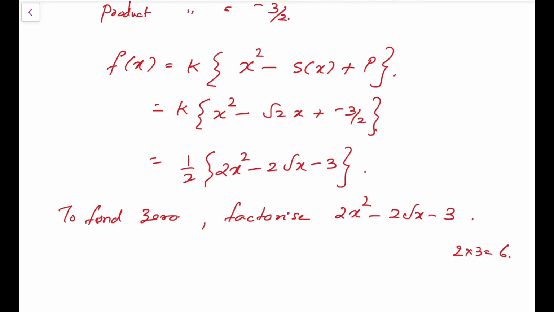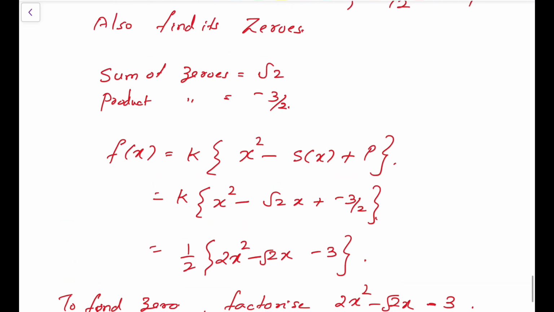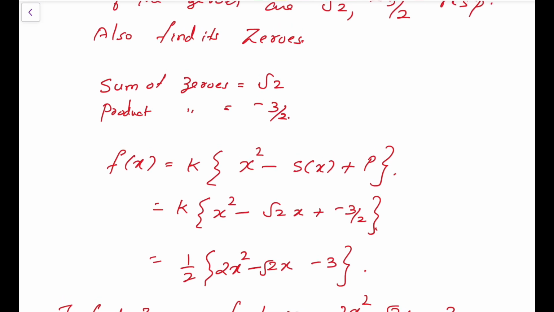So here it is 2 into 3 equal to 6. Now here the middle term is 2 root 2x. So we have to see how to write that. 3 root 2 into root 2, and 2 can be written as root 2 into root 2.